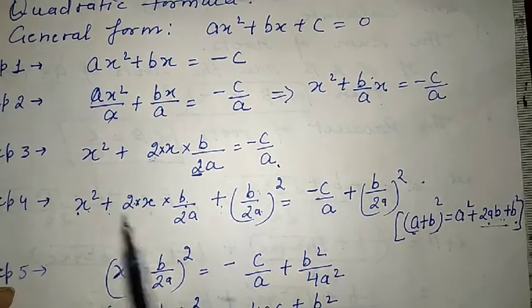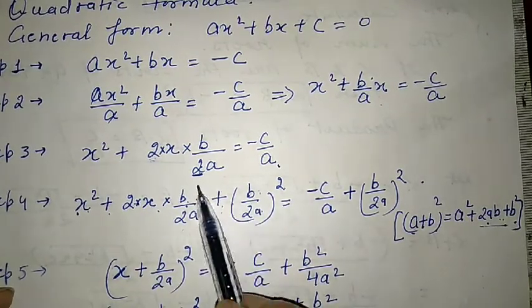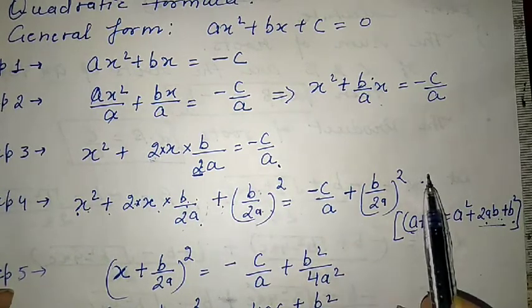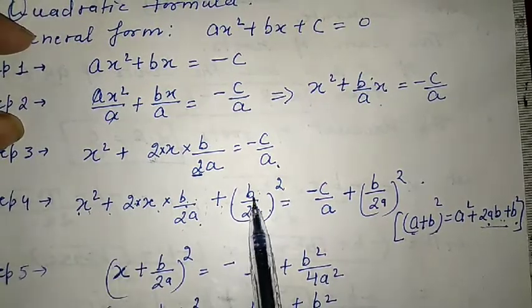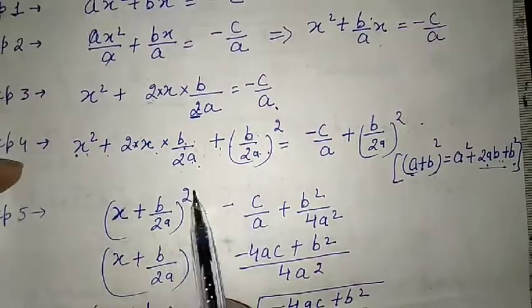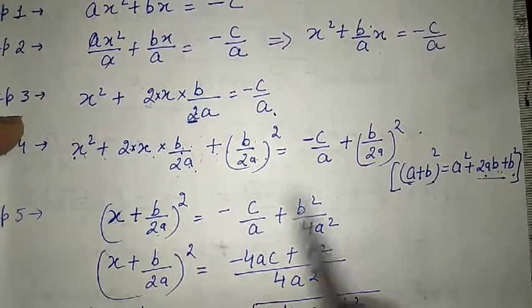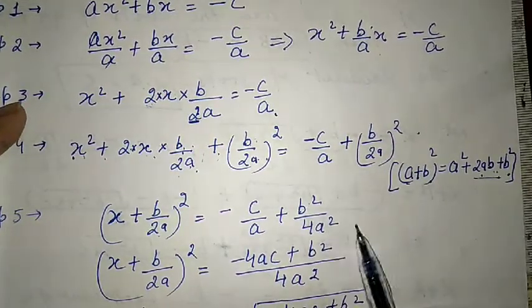So x square plus 2x into b upon 2a plus b upon 2a whole square, added to both sides. So this side we have a square plus b square plus 2ab. So we can write this as x plus b upon 2a whole square is equal to, on this side we have minus c upon a plus b square upon 4a square.